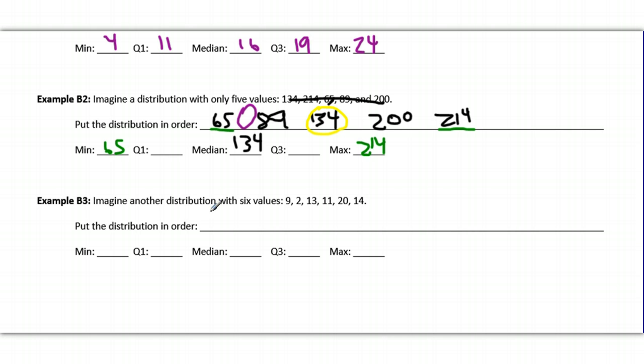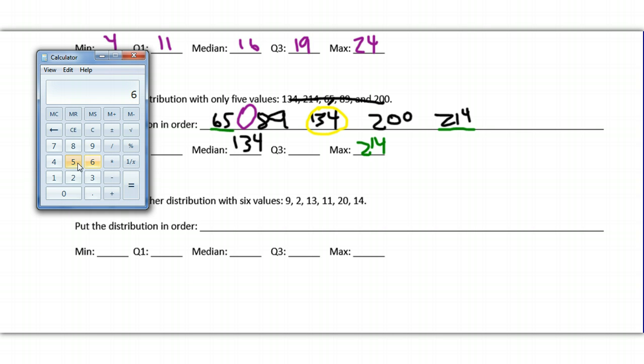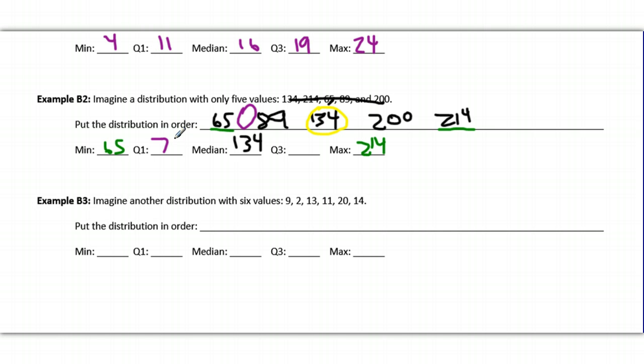By the average, I mean you need to add them together and divide by 2. So I take my 65 plus my 89, and when I add them together, I divide by 2. The reason I divide by 2 is because I had 2 numbers, and I want to find the average. In this case, the average is 77. So my quartile 1 value is going to be 77.